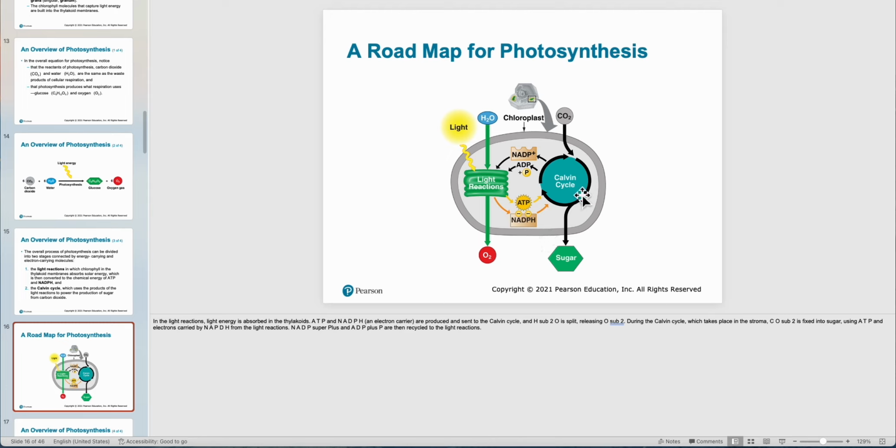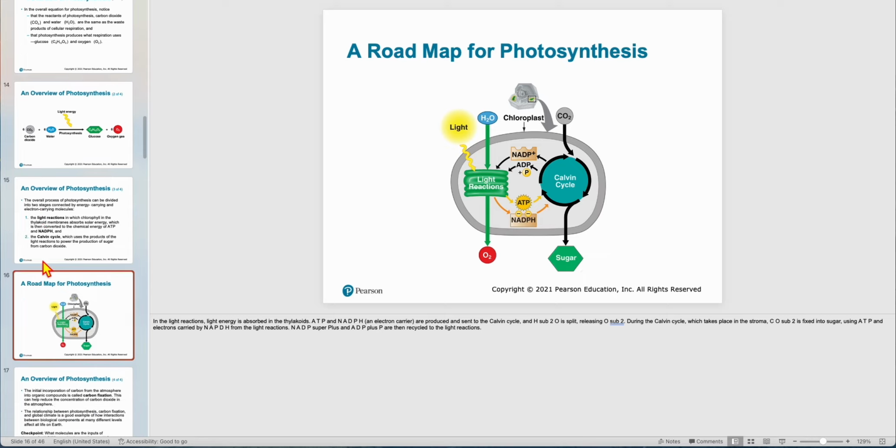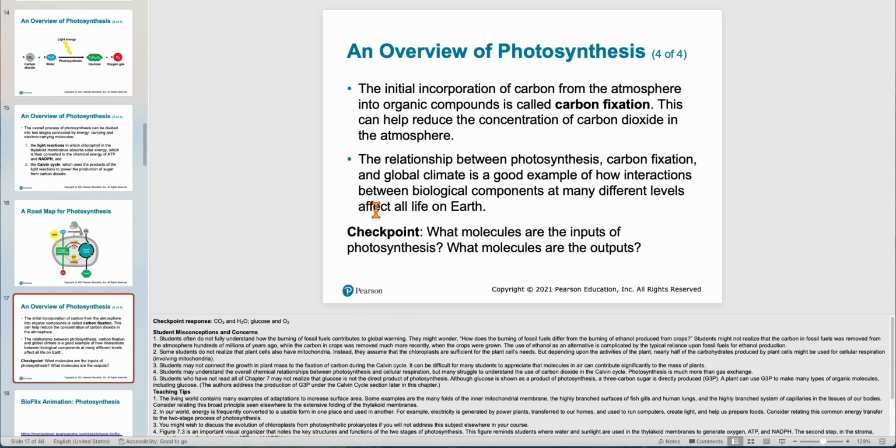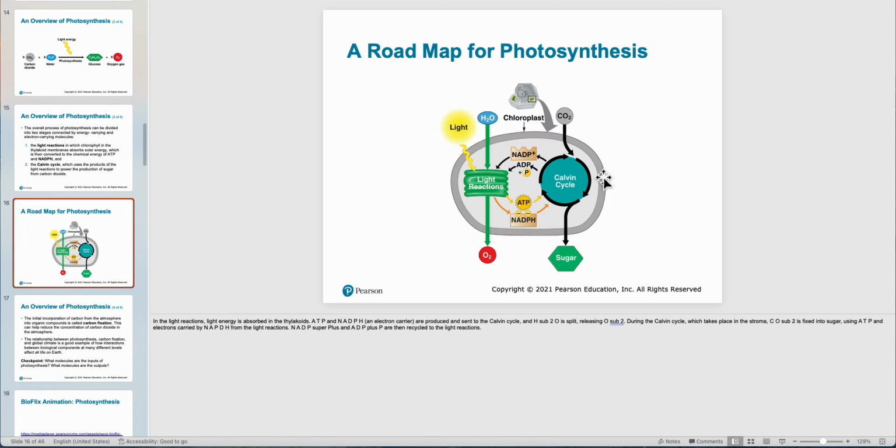It's going to go into the Calvin cycle. It's going to take carbon dioxide that we breathe out. It's going to go around this circle 6 times to actually make glucose that has 6 carbons in it.